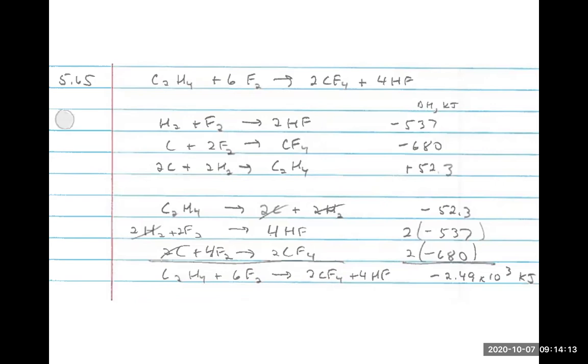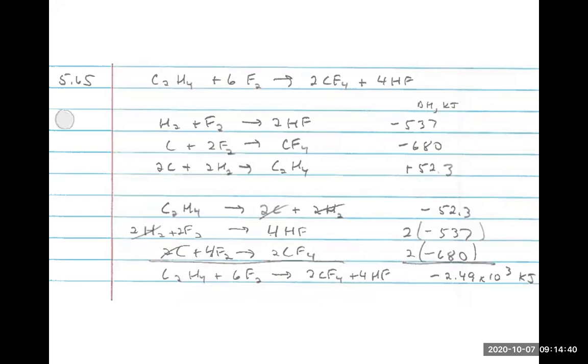Then the next thing I know is I need F2 on the left. So I take that H2, F2 reaction, have that on the left. Same with the CH2 one, I have the F2 on the left. So those two are okay on the left.